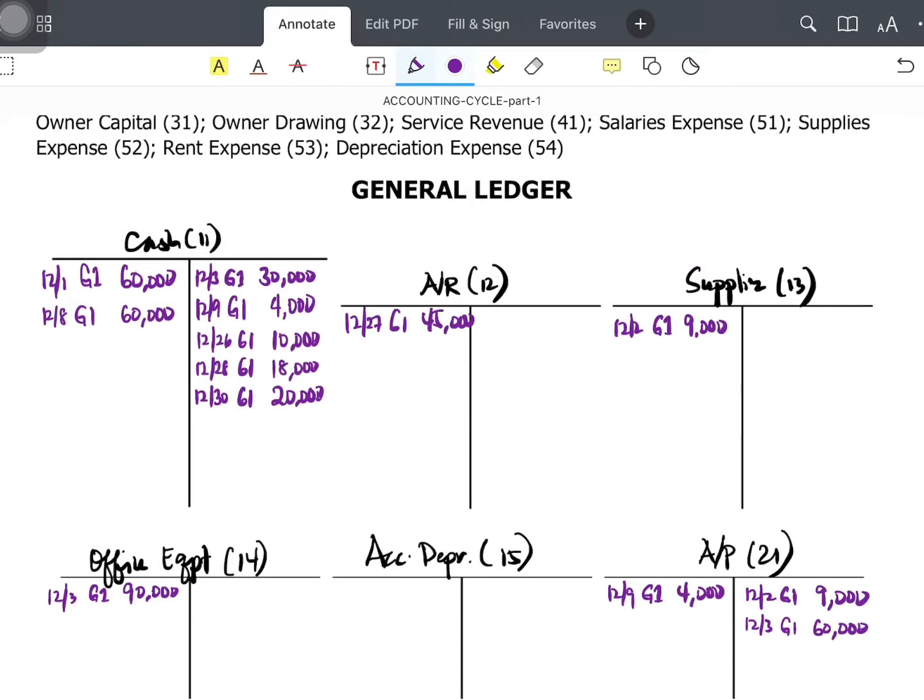Once you're done with posting, you will now go ahead and get the balances of each account title. Make sure the amount of the balance is placed on the side where the account titles are increasing, meaning their normal balances. So let's start with cash.